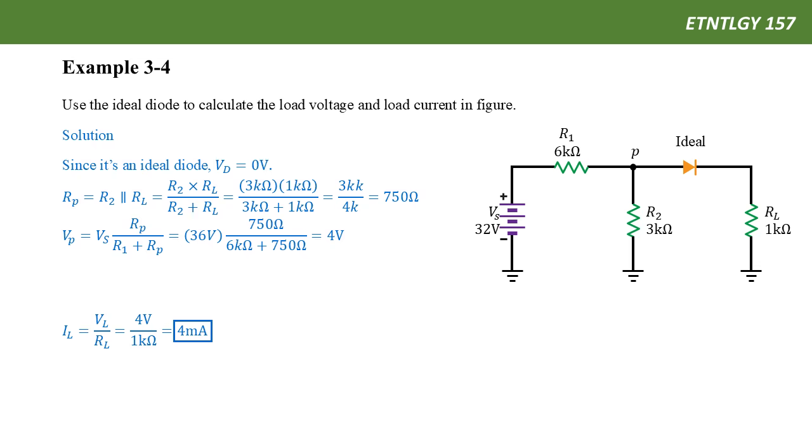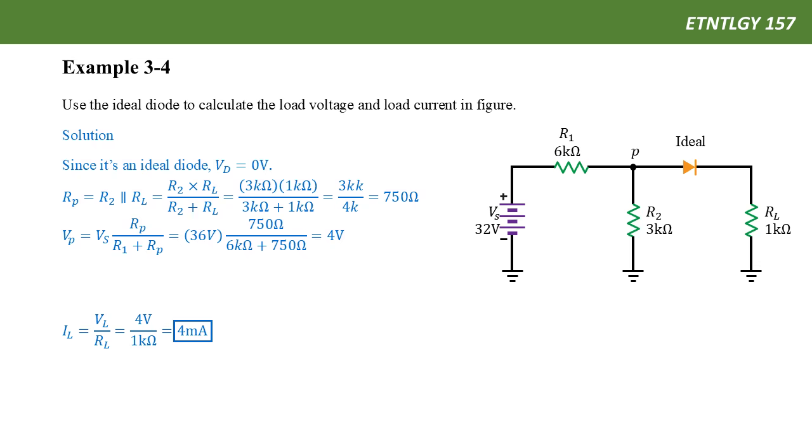That is Vs times Rp divided by R1 plus Rp. And that is 32 volts times 750 ohms divided by 6K plus 750 ohms. And after computing, we know that's 4 volts across the combined parallel branches.